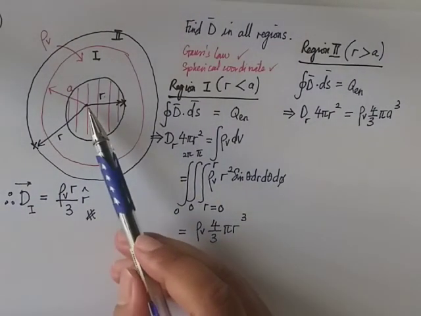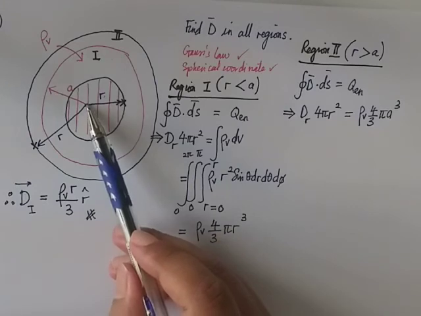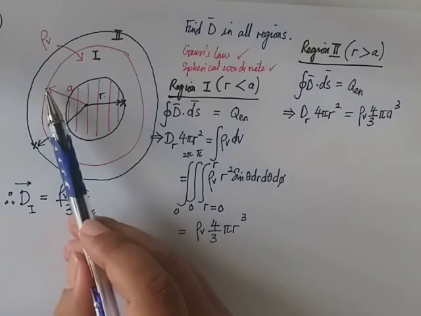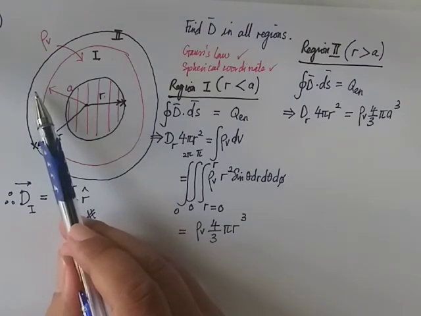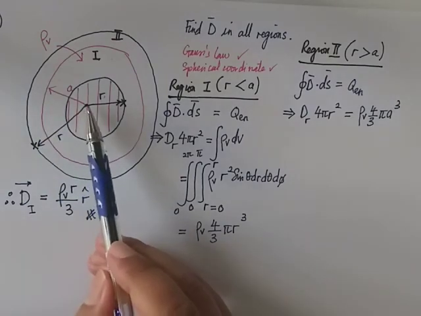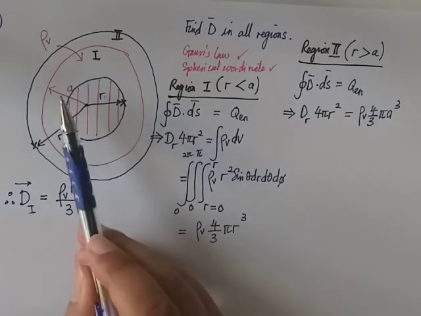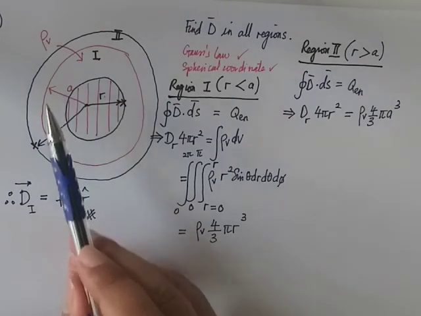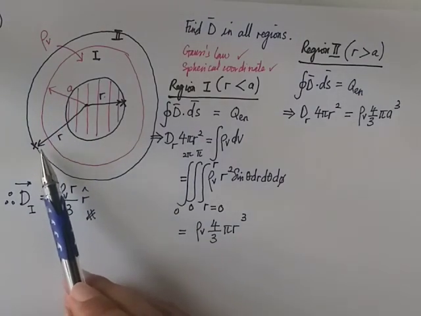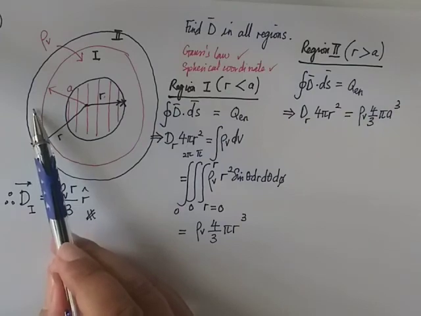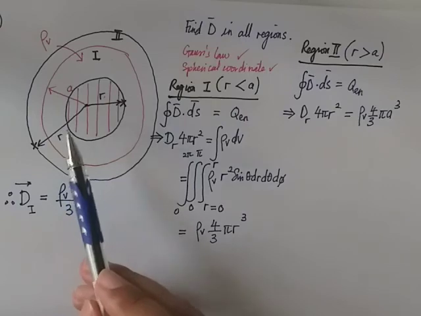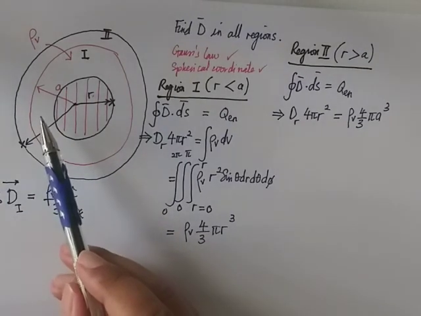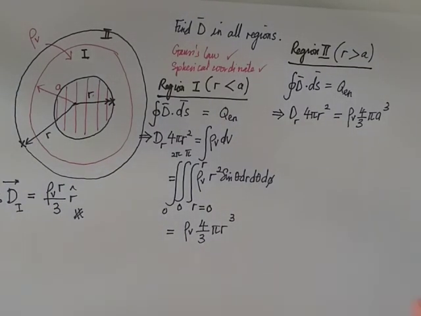Because the charge exists only from 0 to a. Beyond that, in this region, there's no charge. Therefore, the limit of integration for rho_v in region number 2 is only for r from 0 up to a, even though our Gaussian extended to r. But in this region, there is no charge. That situation has been interpreted in this solution.